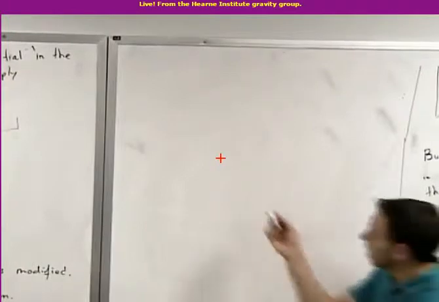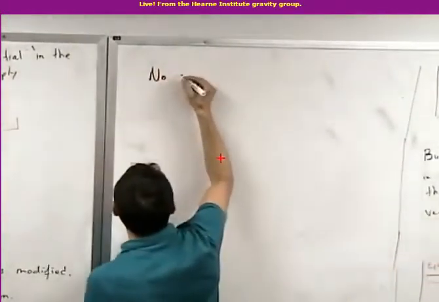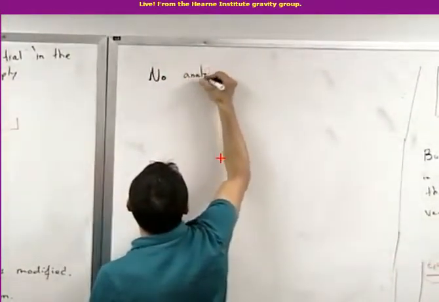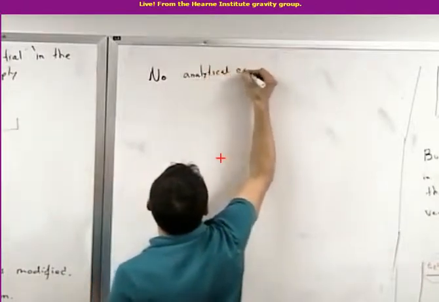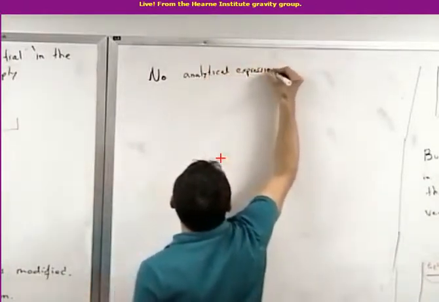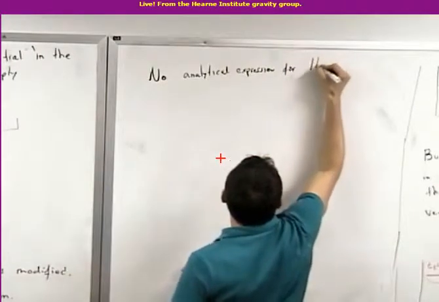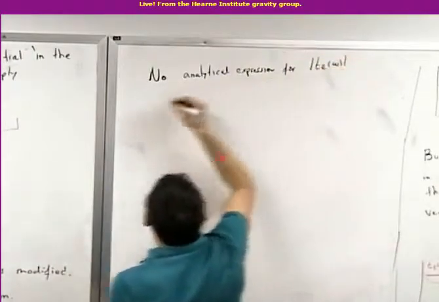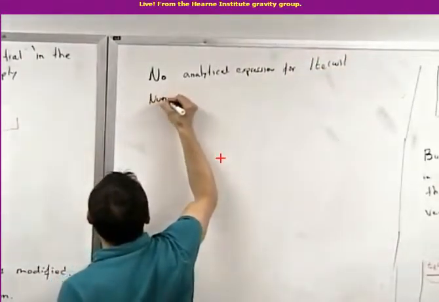And as I said, there are no analytical expressions for the gray body factors. There are numerical results.